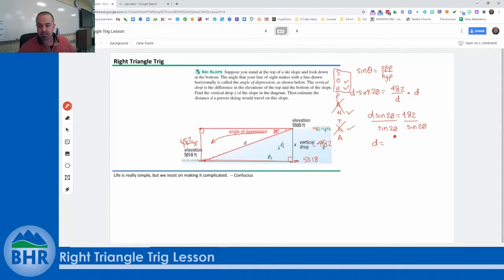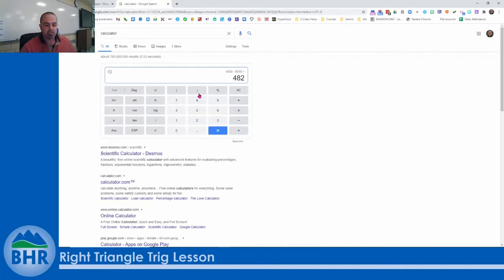All right, we end up with D equal to 482 divided by the sine of 20. 1409.3.